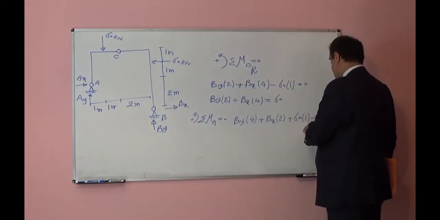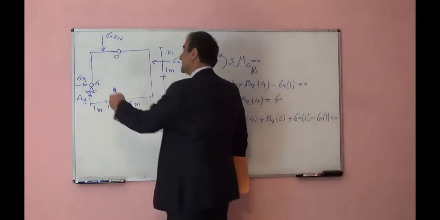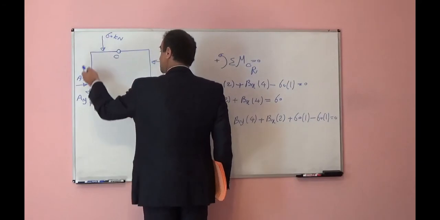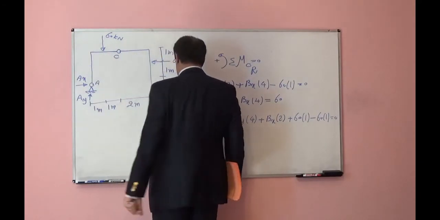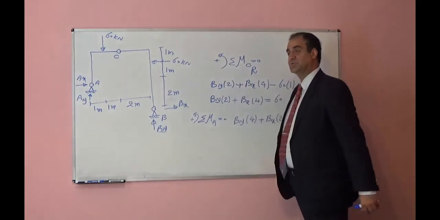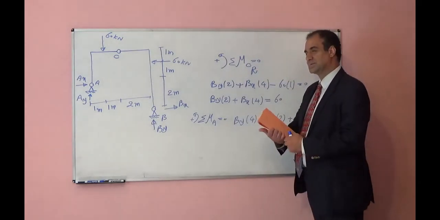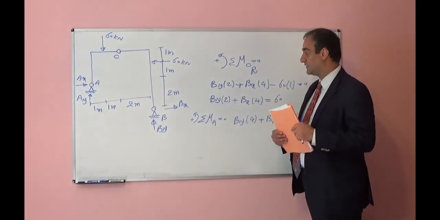Minus 60 times 1, because this one rotates this frame clockwise. So counterclockwise is positive, clockwise is negative.